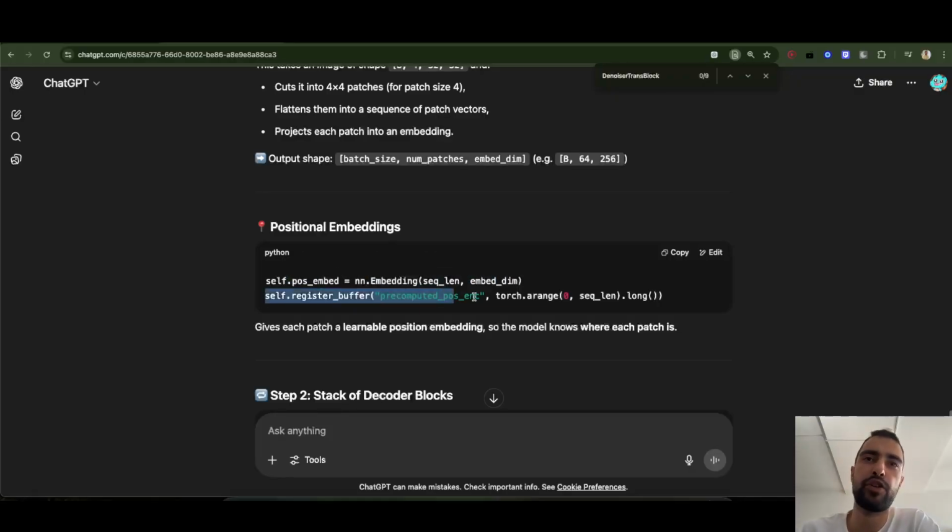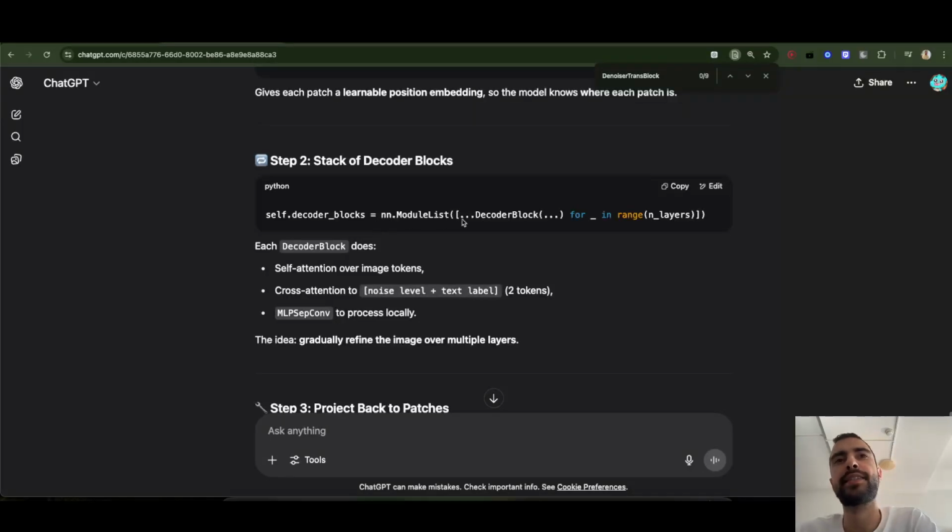So this is just pre-computed. It goes from 0 to sequence length. So I guess 0, 1, 2, 3, 4 until sequence length. So we get that array here, and we just save it as this variable. And then this would be not learnable. This variable is learnable, this variable is not learnable because this is register buffer and this is an embedding. We will see further if they are used together or separately or how.